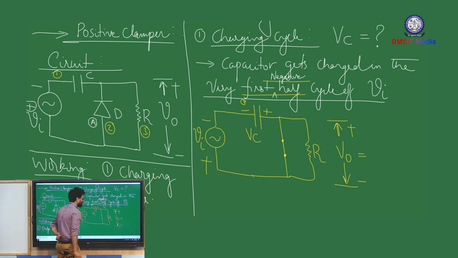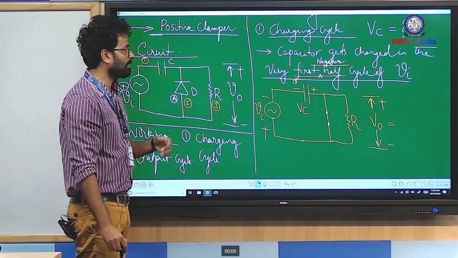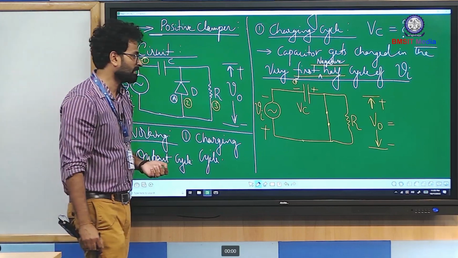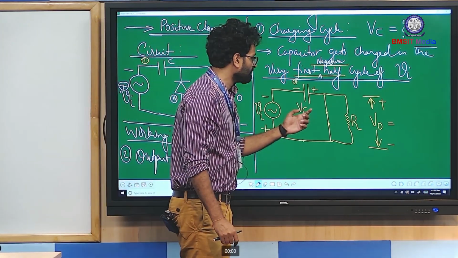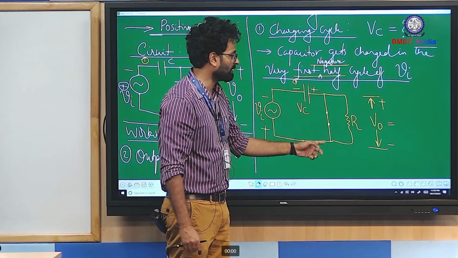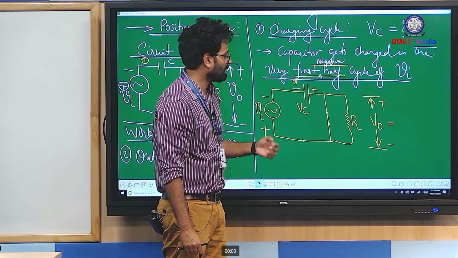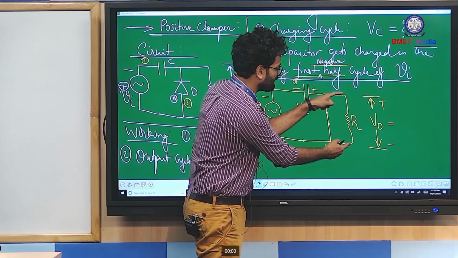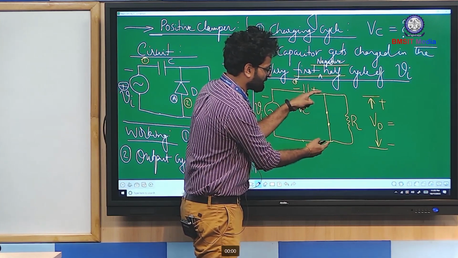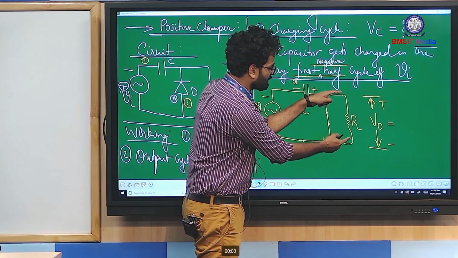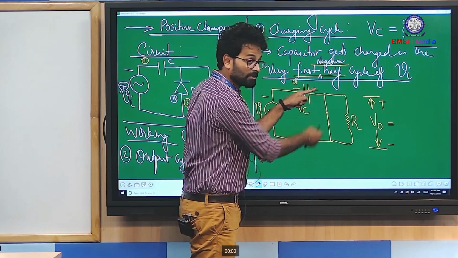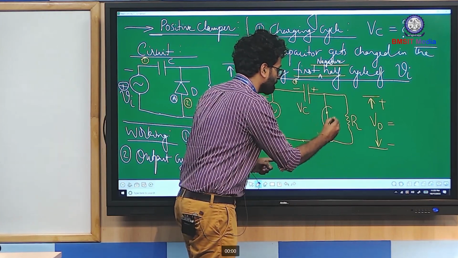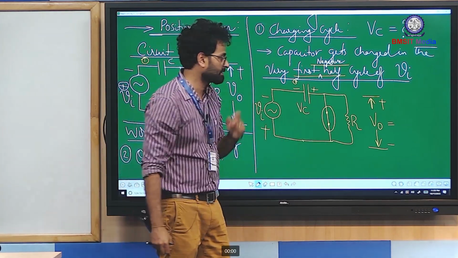If you clearly observe, in the very first charging half cycle, the diode is going to get forward biased, and you are observing the output across the load, which is nothing but the short circuit terminals. As you can see, the terminals of the load are short circuited via closed diode contacts, right?